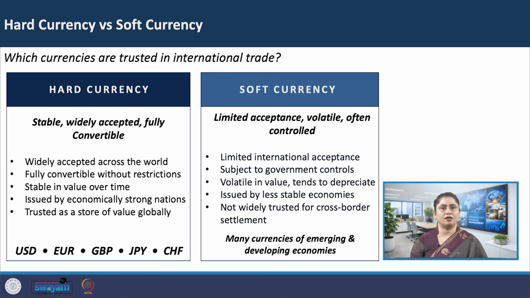Soft currencies are not widely trusted in international transactions, and counterparties in international trade may be unwilling to accept them. Due to less demand, they tend to depreciate. Many currencies of developing and emerging market economies are considered soft currencies.